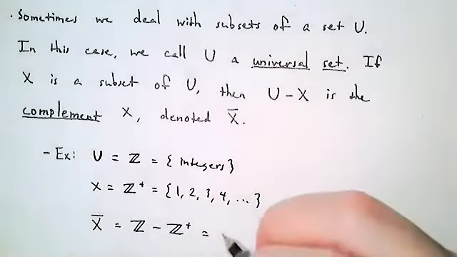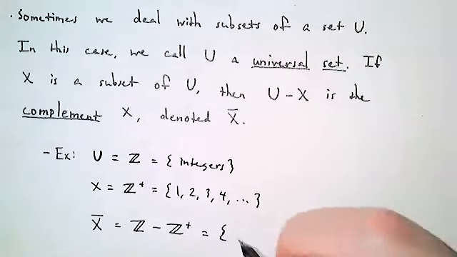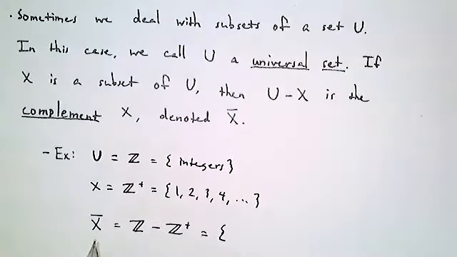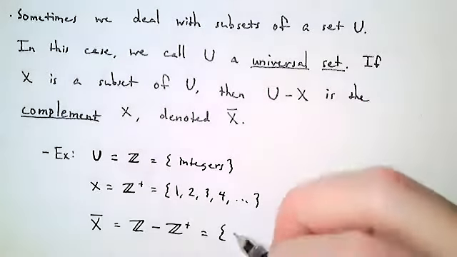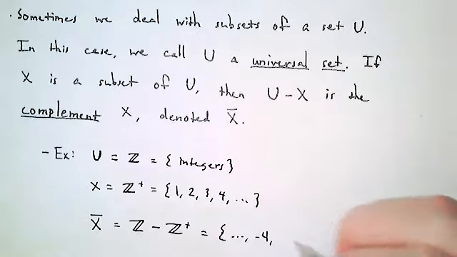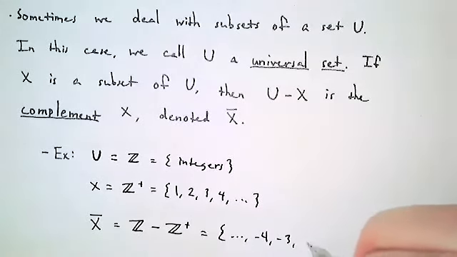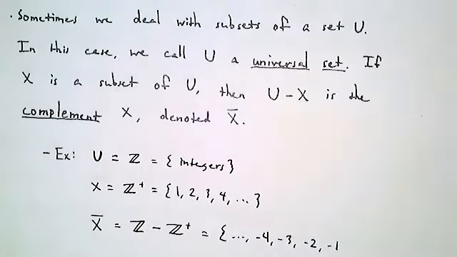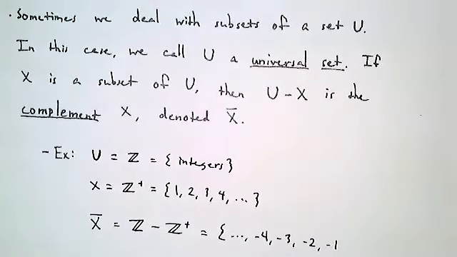Okay. So can anyone tell me what this would be? What the complement of X is? Negative integers. You're very close. Very close. So we do have all of the negative integers, but we also have another number. 0. 0.